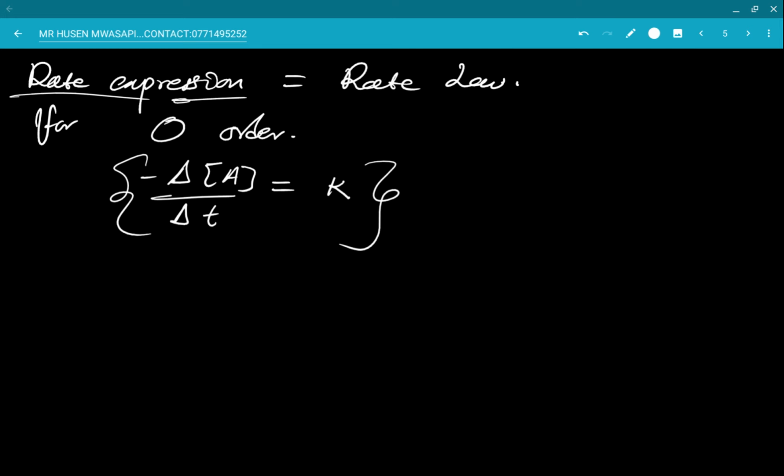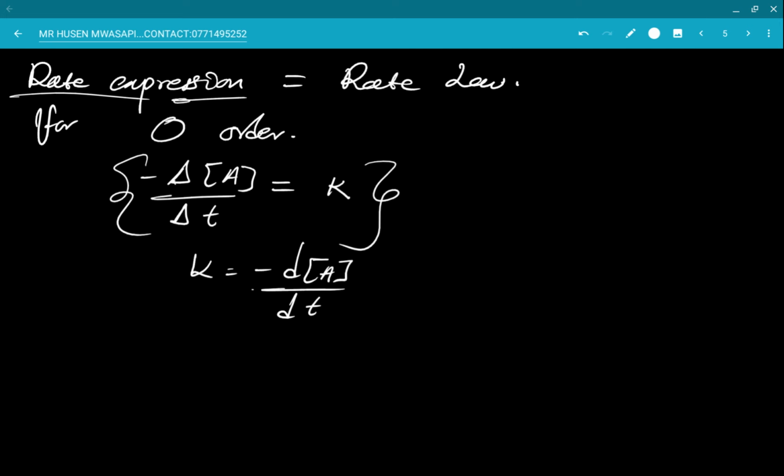We know that this triangle represents a delta. So this is the same as writing K being equal to negative delta concentration A over delta time.